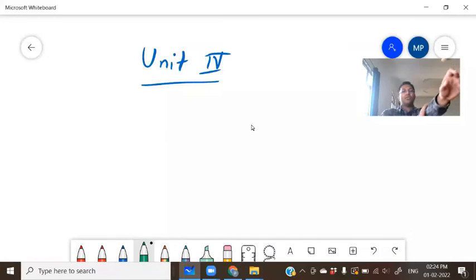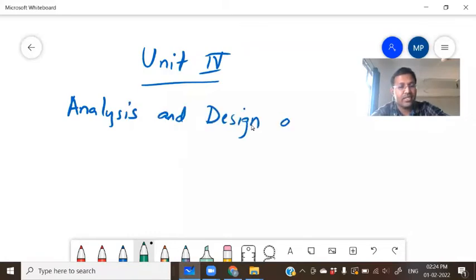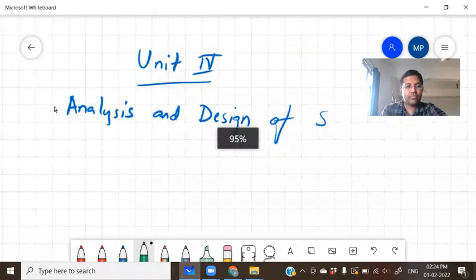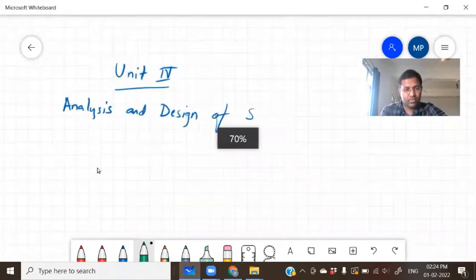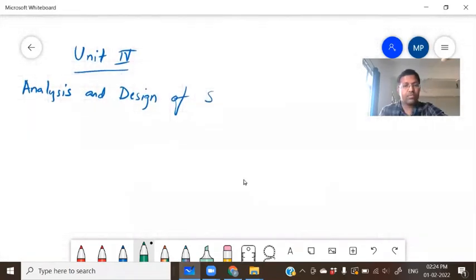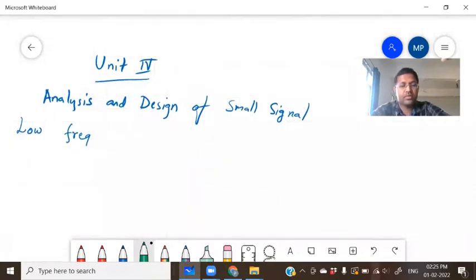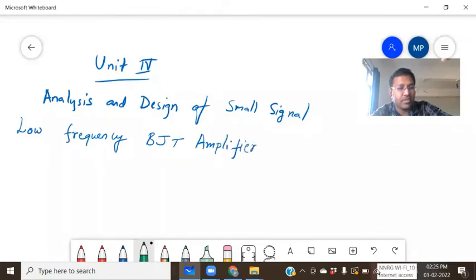Okay. So we will start unit 4. So what is unit 4? It is analysis and design of small signal low frequency BJT amplifiers.